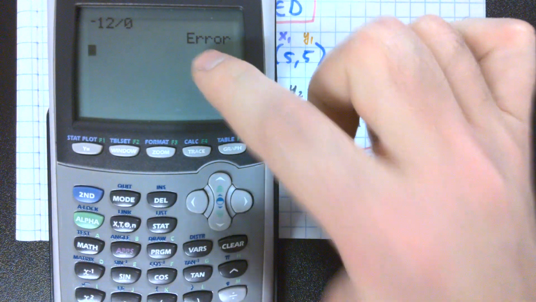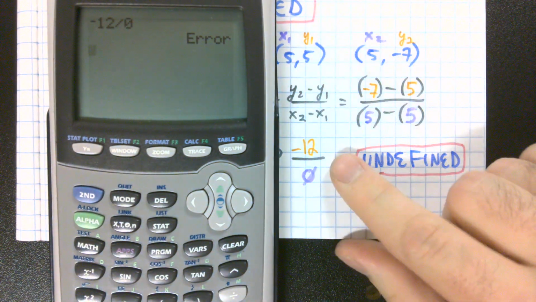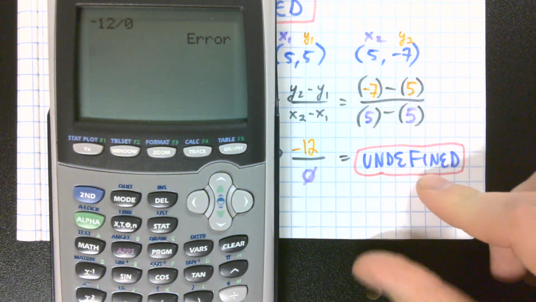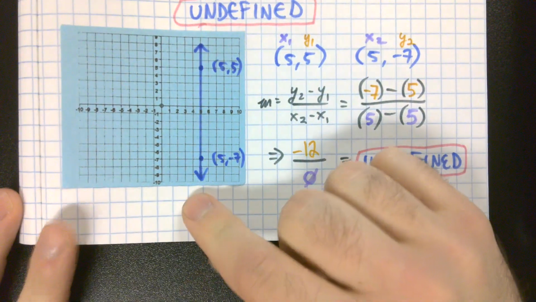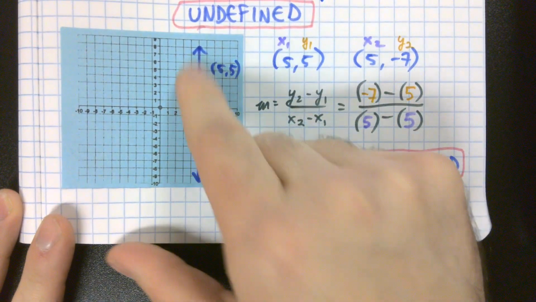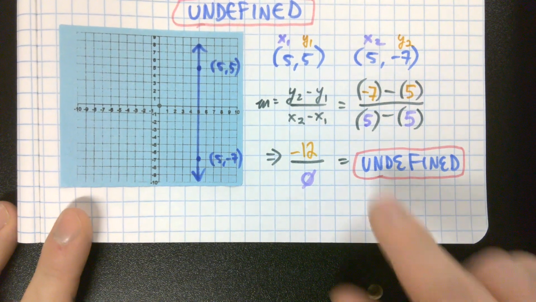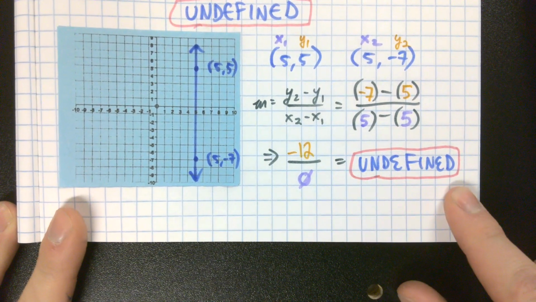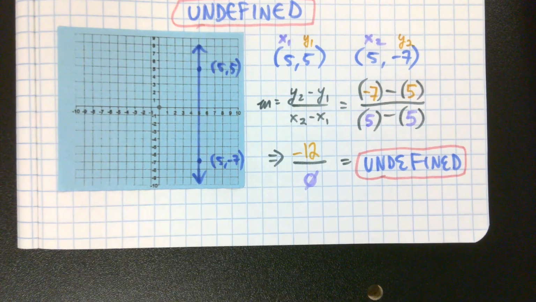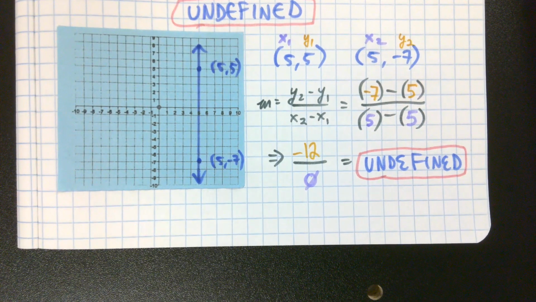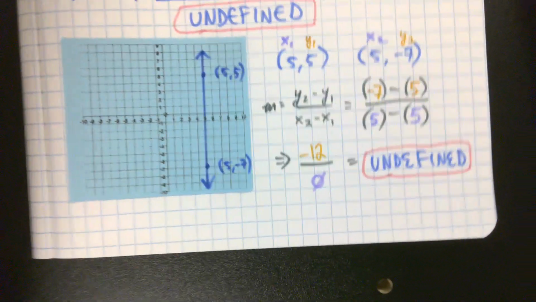Error is just a calculator word, but we're going to use the term undefined. Imagine this line here was a treadmill. Would you be able to run on that treadmill? No, you would not. It is impossible. So finding a value for our m is also impossible. Think about me walking around the room.